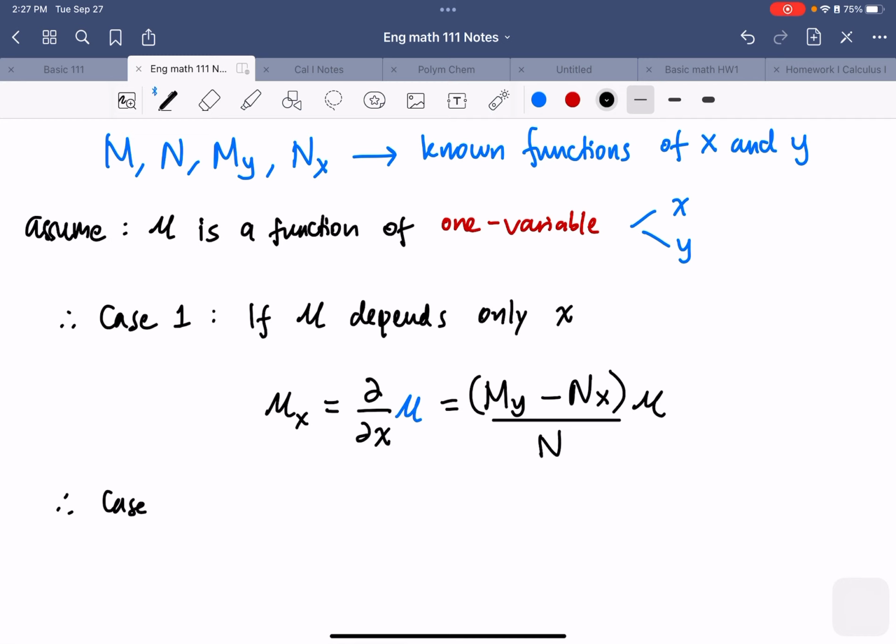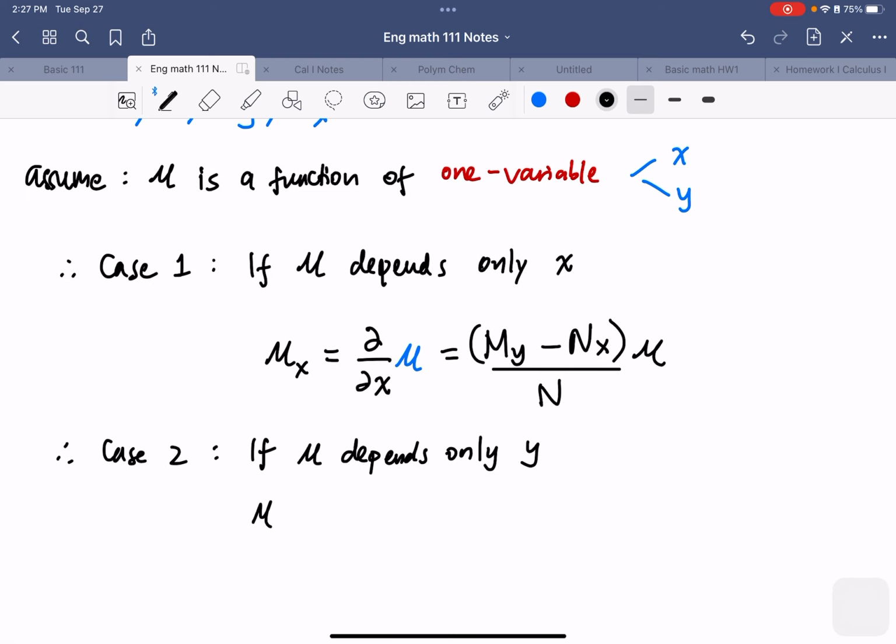So the second case: if mu depends only on y, then mu y, now this is supposed to be negative, but I will multiply by the negative, so I will have N x minus M y, divided now by M.